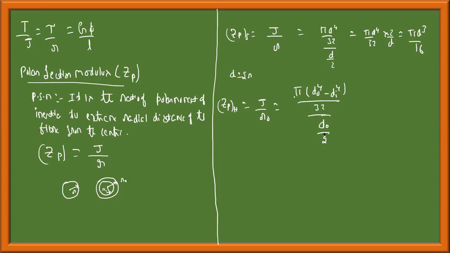You should not take d or di, it is d naught by 2, the distance from the center point to the outermost fiber. So pi into d naught power 4 minus di power 4 by 32 into 2 by d naught. Zp of a hollow cylinder is equal to pi into d naught power 4 minus di power 4 by 16 d naught. That you should remember.